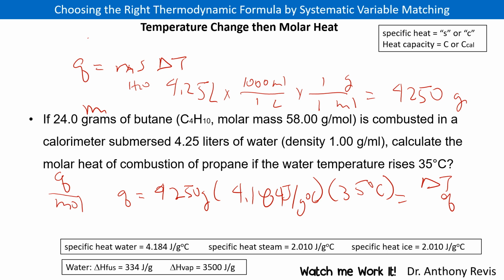I think you know how to do that: 24 grams times the molar mass, 58.00 grams for every 1 mole. I get a value here, so these would be moles. And then I just put Q over moles, and that's my answer in kJ per mole. So that's how I find those.